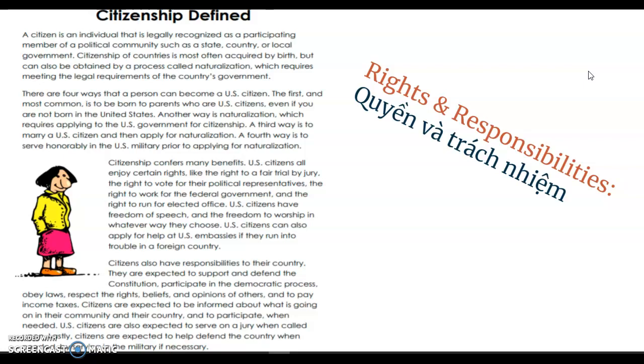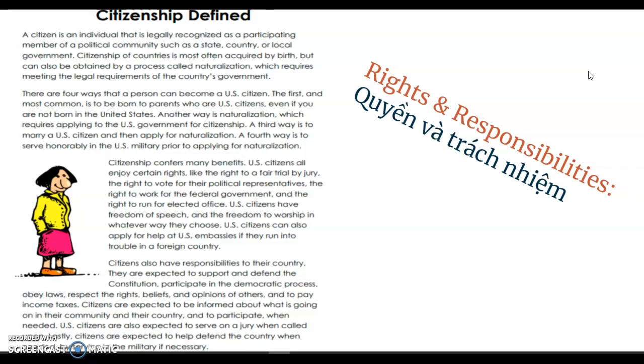Citizenship confers many benefits, meaning citizenship has many benefits to it. The United States citizens all enjoy certain rights, like the right to a fair trial by jury, the right to vote for their political representatives, the right to work for the federal government, and the right to run for elected office.